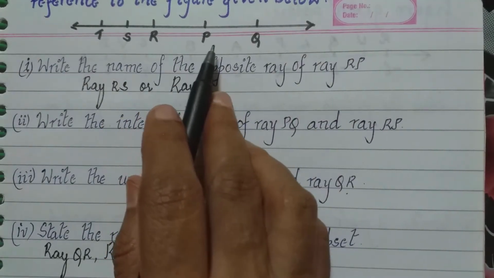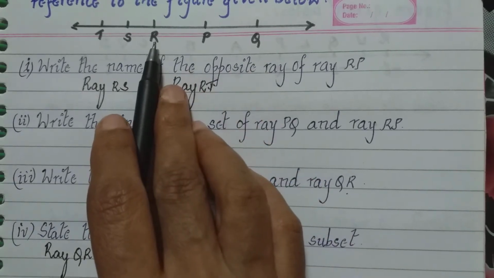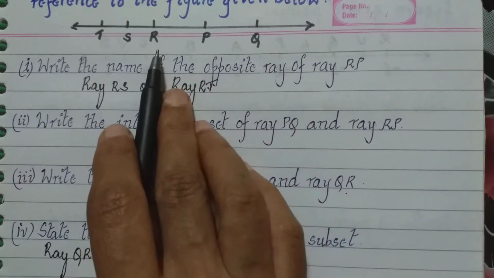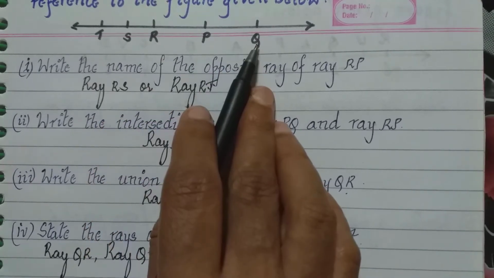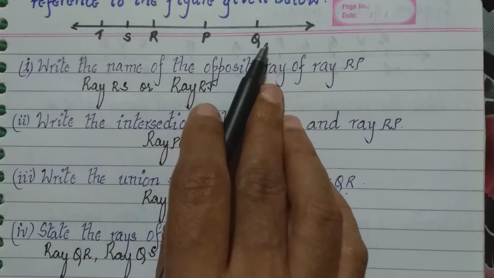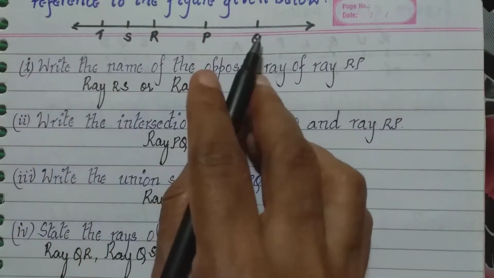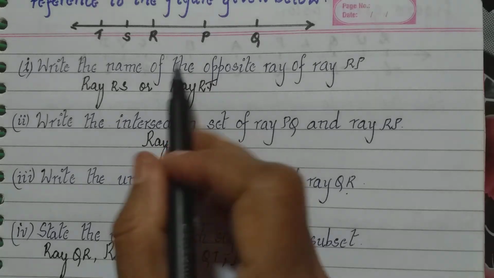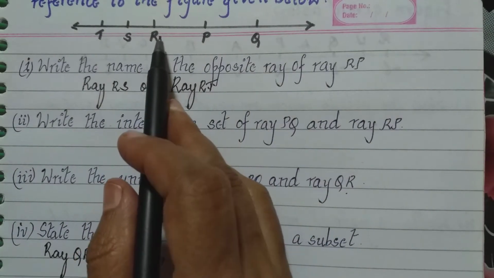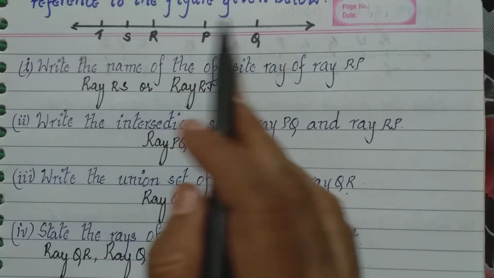Now we will see the opposite rays, say starting from R. So if I have ray RQ, still segment QR will be a subset. So ray RQ, ray SQ. We have to write the rays of which segment QR is a subset. So we finish writing the rays first, ray QR, QS and QT.